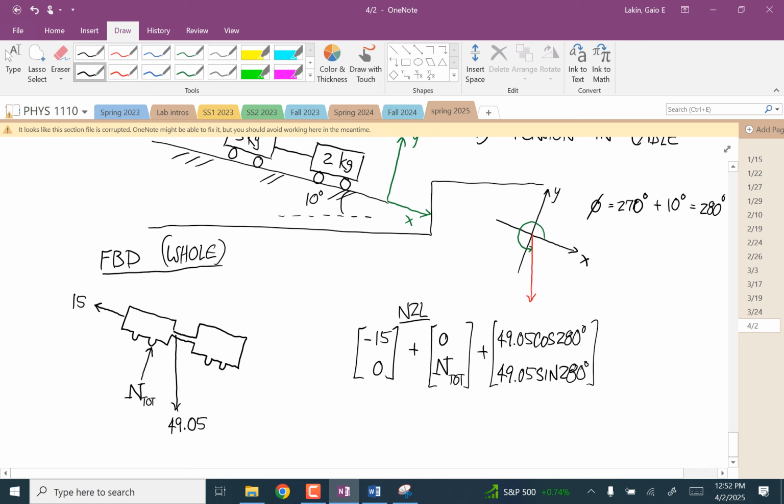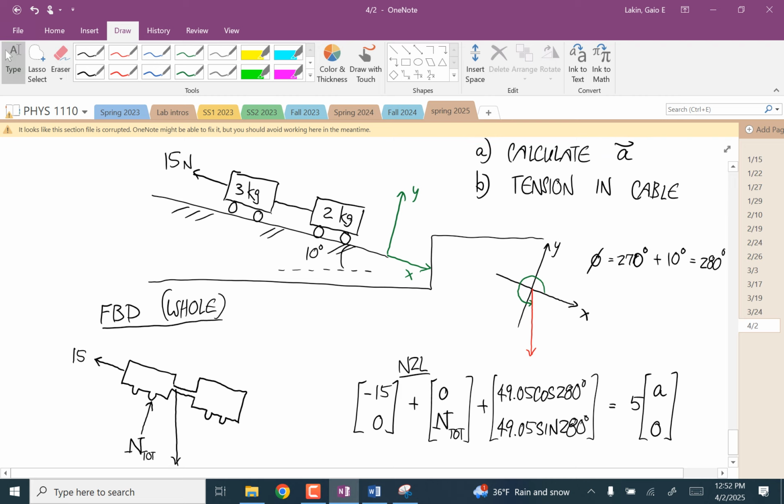And that's all three forces. And this is equal to the mass of the system times A. Why is the 15 negative? Because if you just look at the orientation of the x-axis, that force is in the opposite direction.